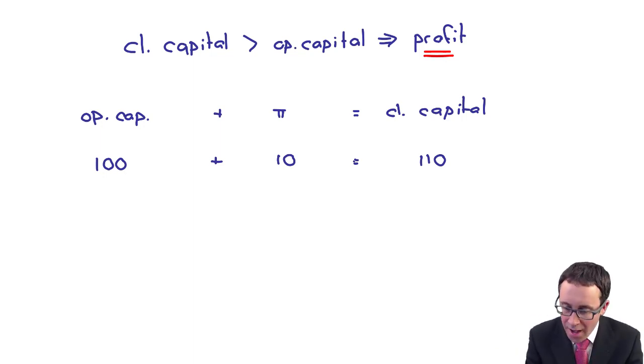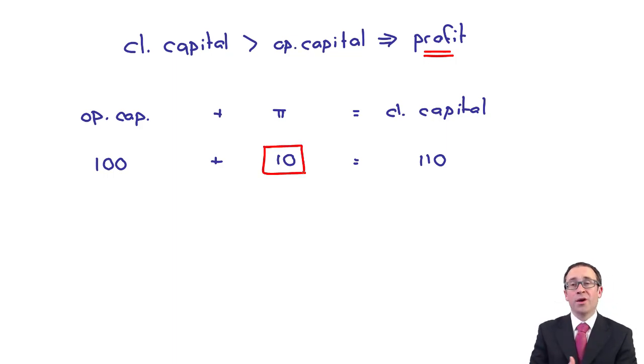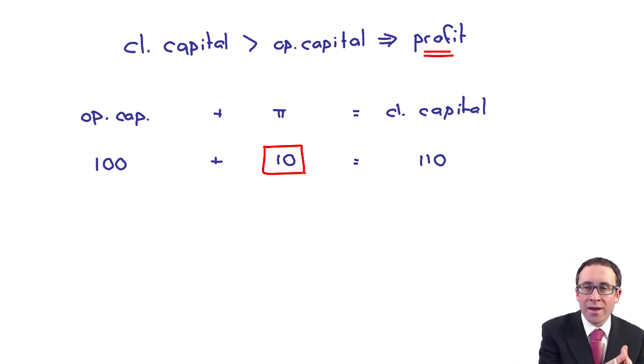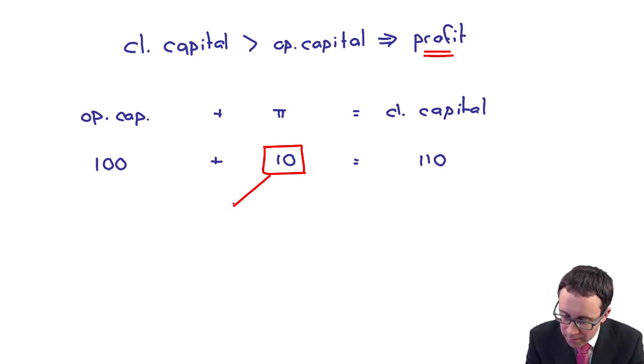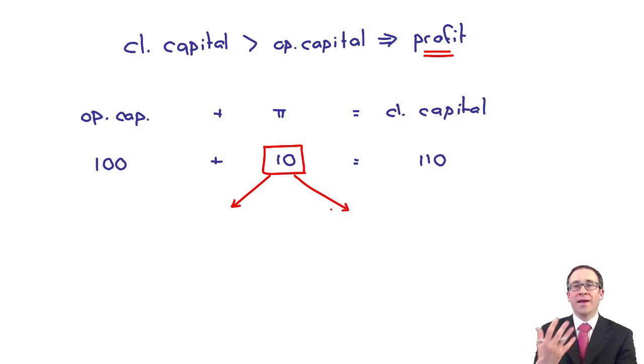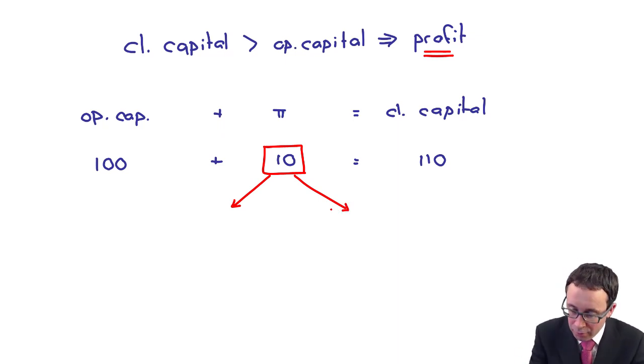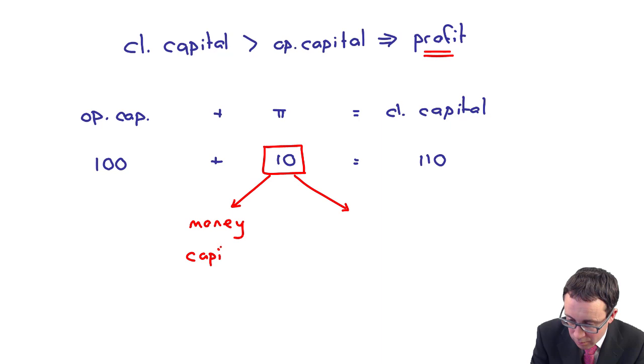What we need to go through and look at, however, is when we look at this profit figure, obviously we're not maintaining capital, we're improving capital by making that profit. We need to think about whether or not that capital has been effectively improved from a money capital perspective.